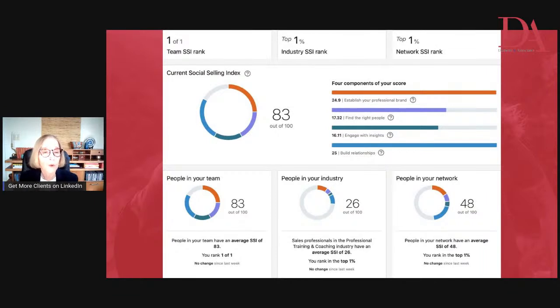Anywhere between 41% and 70%, you're doing good. You are actually doing the right things for social selling. Anything above 70% is considered expert. Most of the people who are really working LinkedIn and really doing sales on LinkedIn are above that 70%.